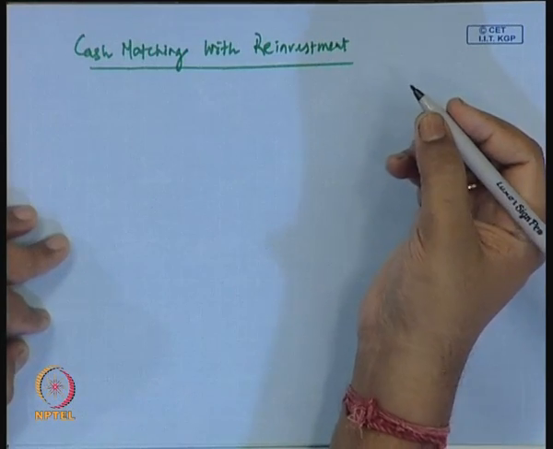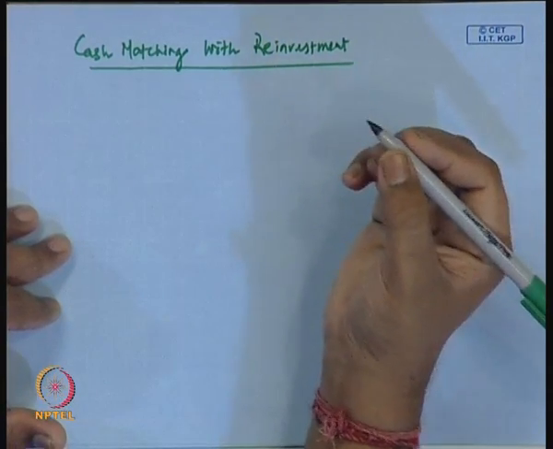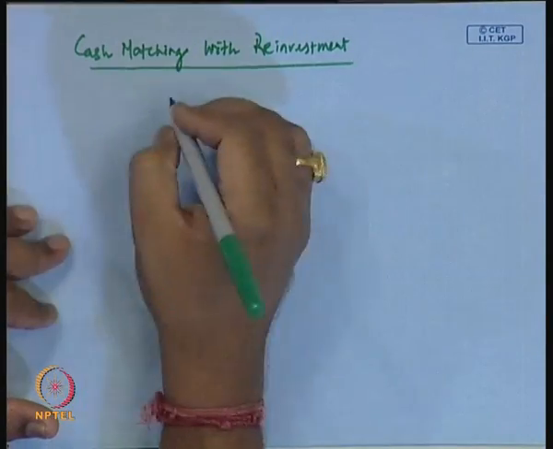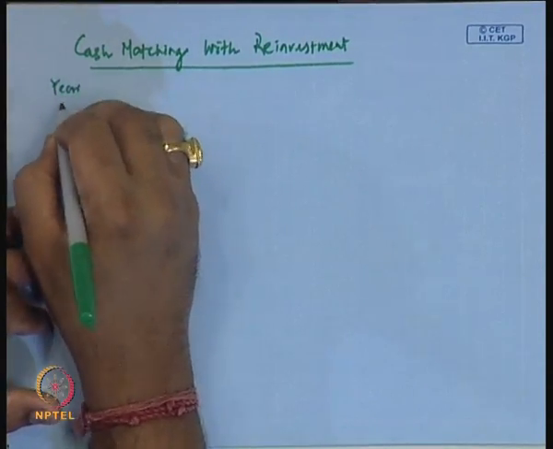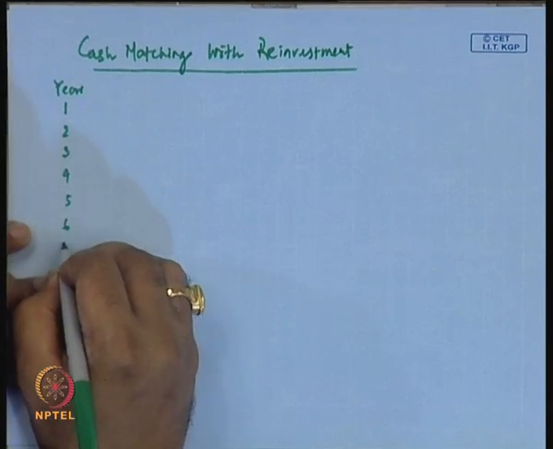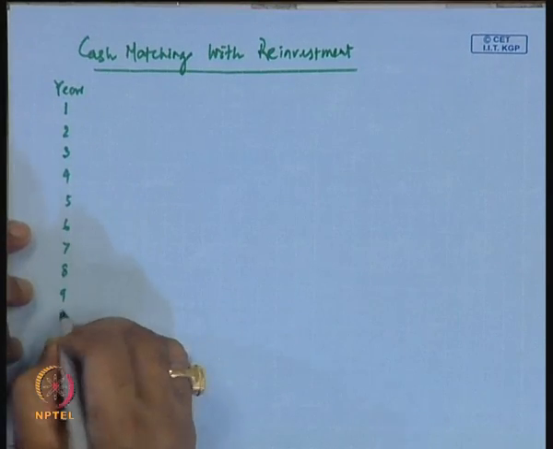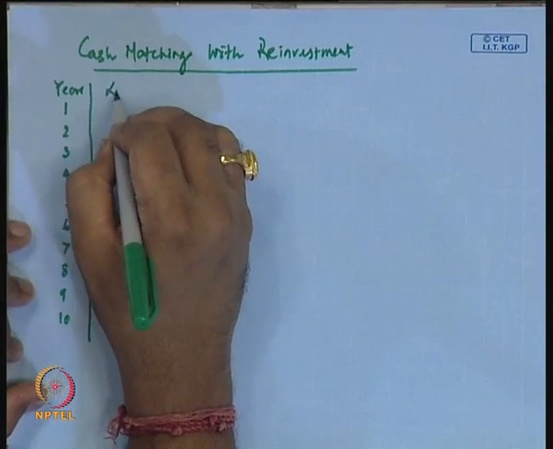Take the example of a pension fund, which has the following liabilities for the next 10 years. Let this be your years 1, 2, 3, 4, 5, 6, 7, 8, 9, 10, and this is your liability.